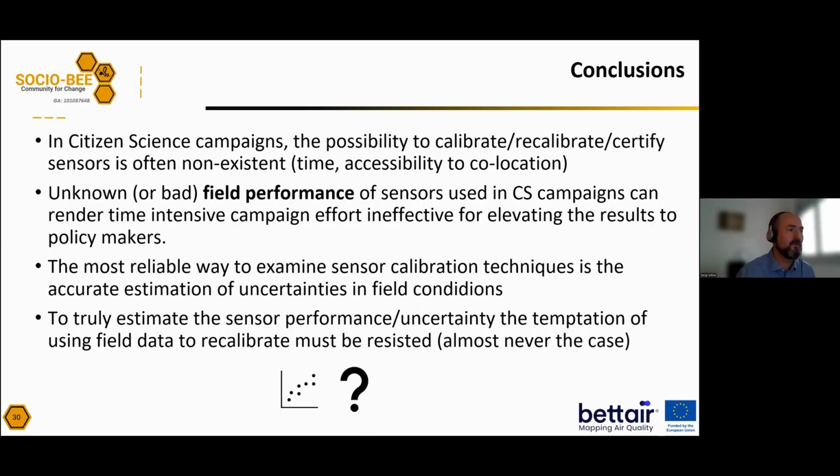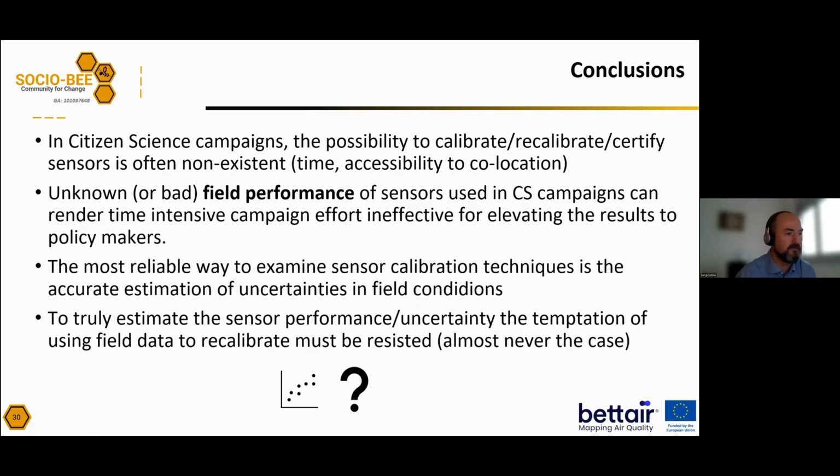So the most reliable way to examine sensor calibration techniques, the factory calibration techniques or initial pre-deployment calibration techniques, is the accurate estimation of uncertainties in field conditions after deployment.